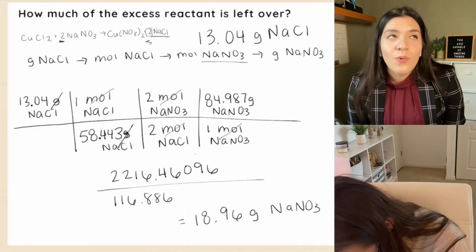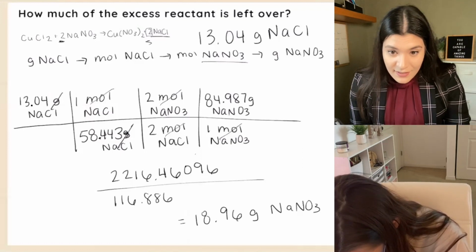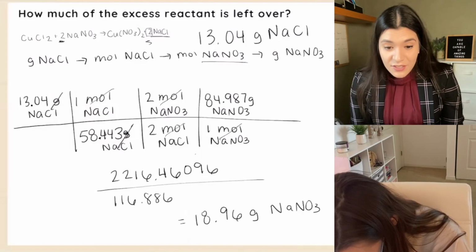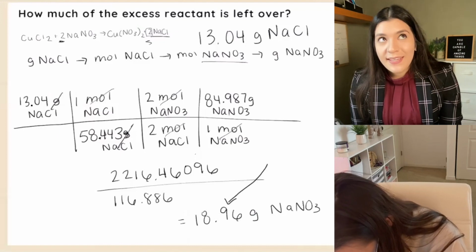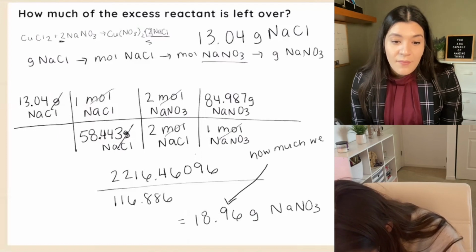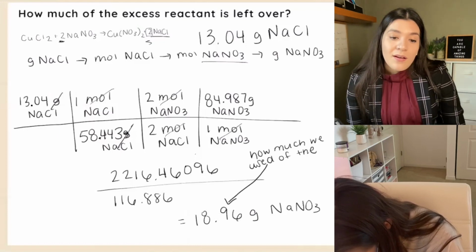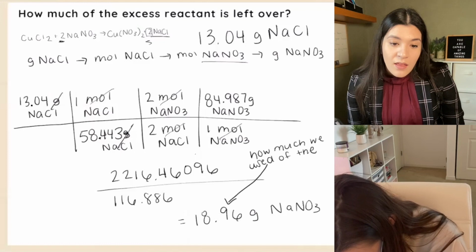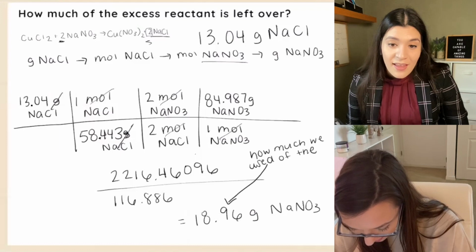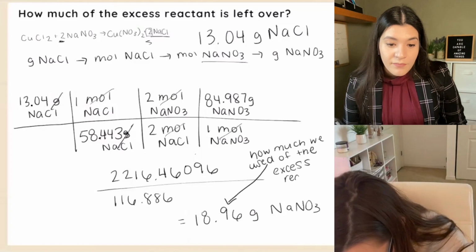So this is what we used of the excess reactant. It's not telling us our excess. It's just saying this is how much is used for this overall reaction. So now we have to figure out what the excess or the leftover is. Okay. So I'm just going to write that. Yeah, how much we used. I just want you to think this was used. This is the excess reactant. It's not how much is left over of the excess reactant. That's what we're finding. Okay, I see what you're saying.